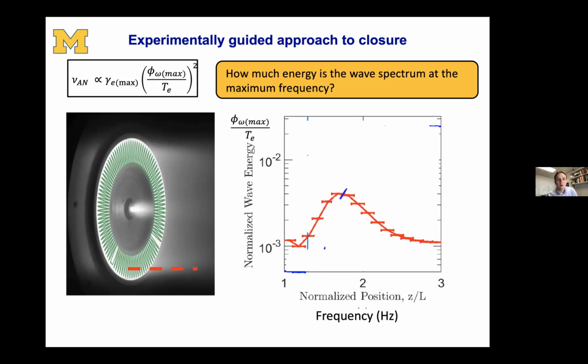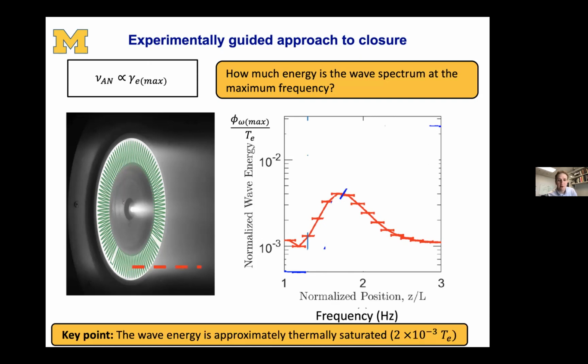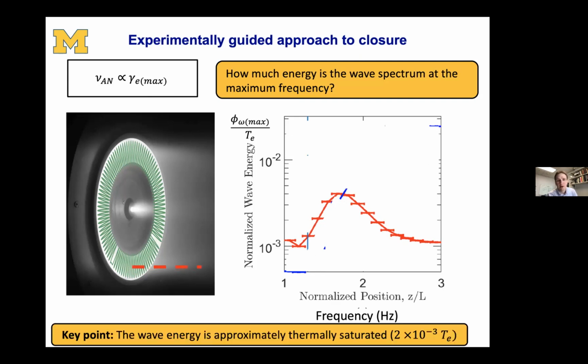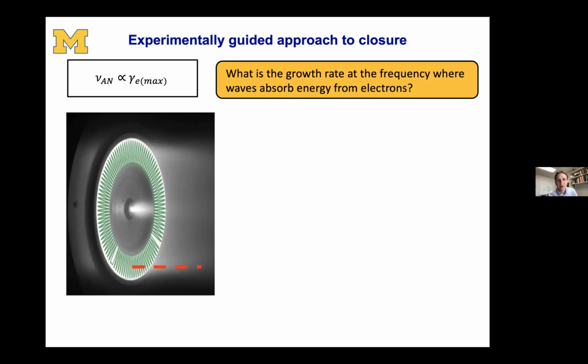And indeed, we've gone in and measured the ratio of energy at that max frequency compared to the thermal energy. And we found that it varies with less than an order of magnitude. So just by a couple of factors, the wave energy always seems to be commensurate with that kind of saturated limit. So that allows us to make the additional assumption that perhaps we can eliminate that term entirely, assuming phi goes like the thermal energy, and then we just recover that the anomalous collision frequency should go like that energy of a rate of extraction of momentum from the background plasma.